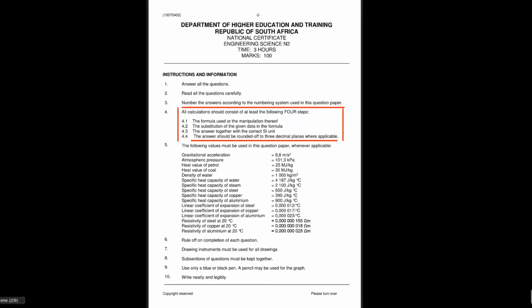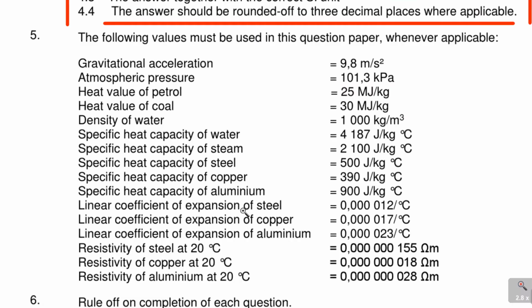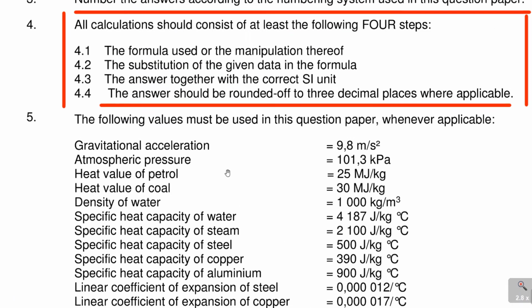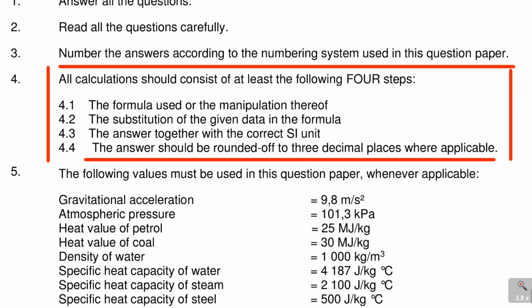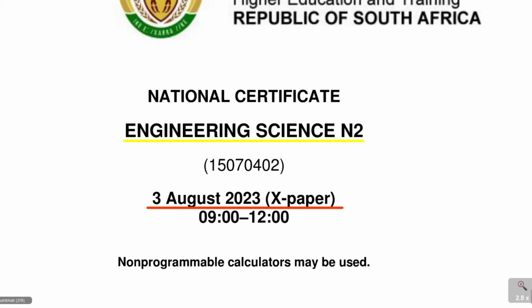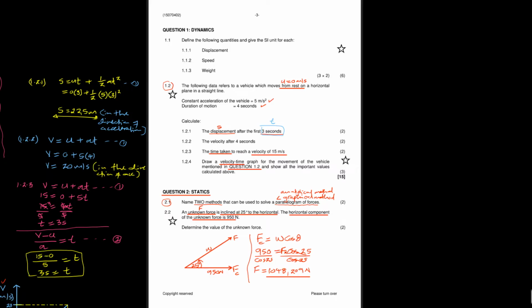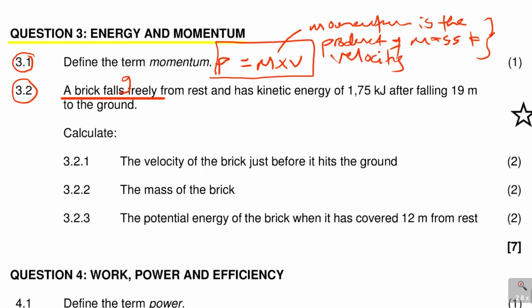They told us that we need to use G as gravitational acceleration, 9.8 meters per second squared. So if they're saying here the brick falls freely, G there is 9.8.